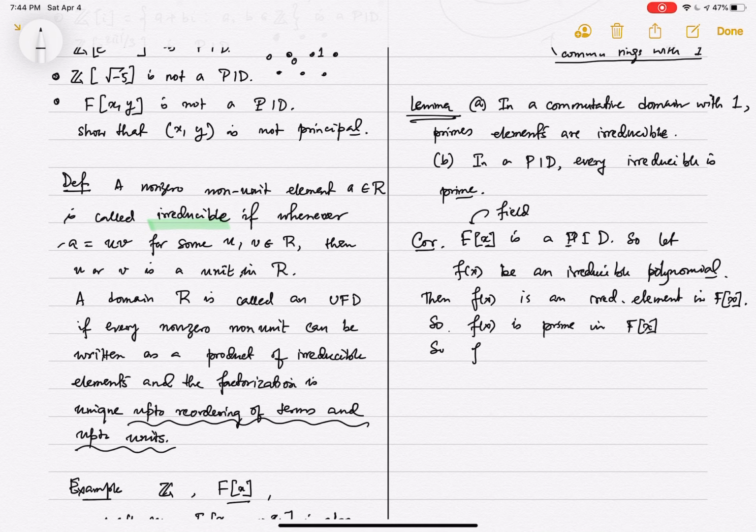But then in a PID, every prime is actually maximal. So this is a prime ideal. So it's actually a maximal ideal, since F[x] is a PID.